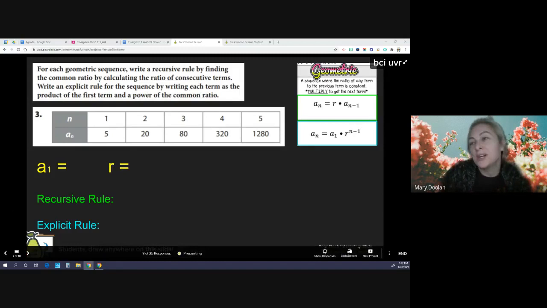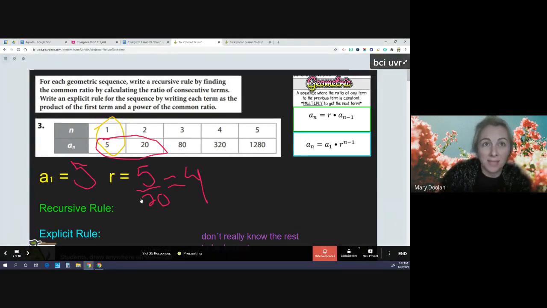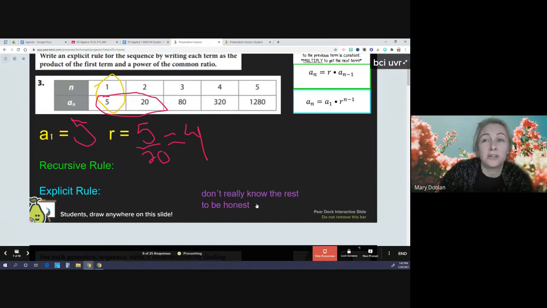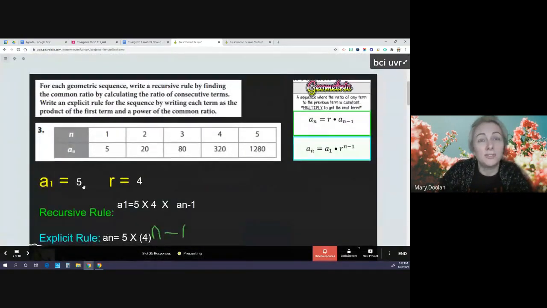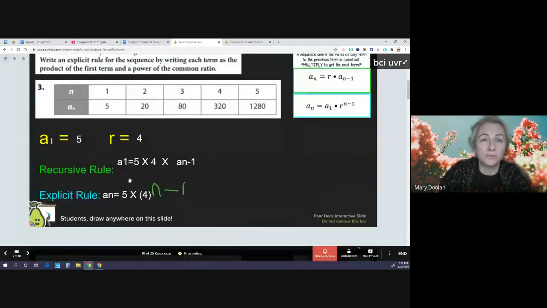Okay, so you guys, we are moving through our time really quickly here. A sub 1 is 5, and the common ratio is 4. That's good. And I don't really know the rest, to be honest. Okay. 5, first term, 4 is the ratio. Recursive rule is A sub 1 is 5. Good.